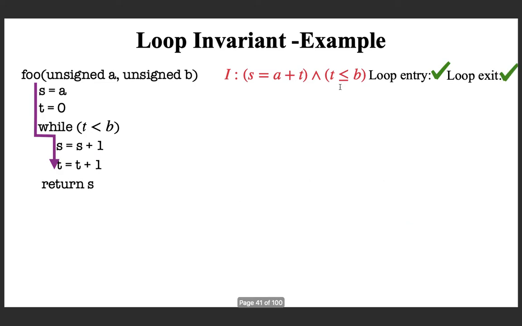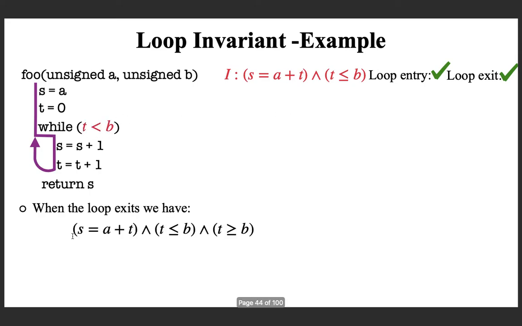So we proved that at the loop exit as well the condition is true, and hence it is a loop invariant, no doubt. So whenever it comes back it is true, and now when the loop exits, what is true? We saw that the loop invariant and negation of this condition is true.